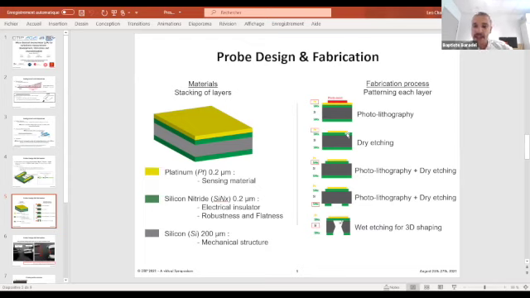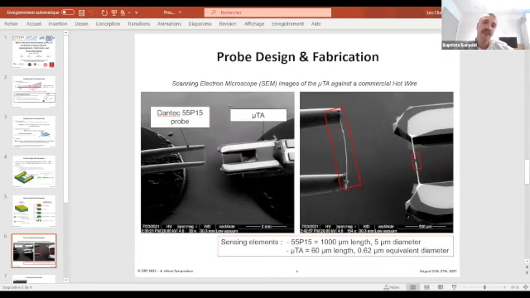To etch the silicon, we use a wet etching solution, actually potassium hydroxide, KOH, for the 3D shaping. Here you can see the final result of our probe, next to a commercial probe, and you can see the clear difference between the sizes of the sensing element of the two probes.